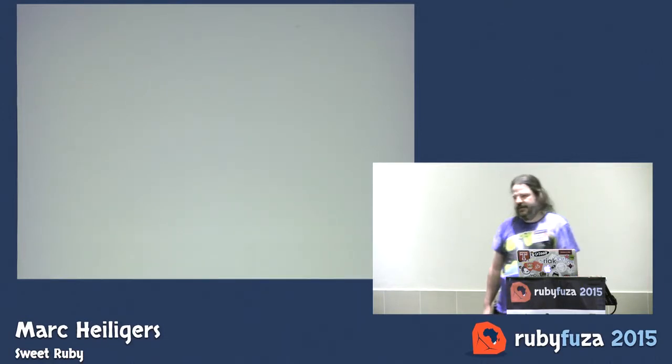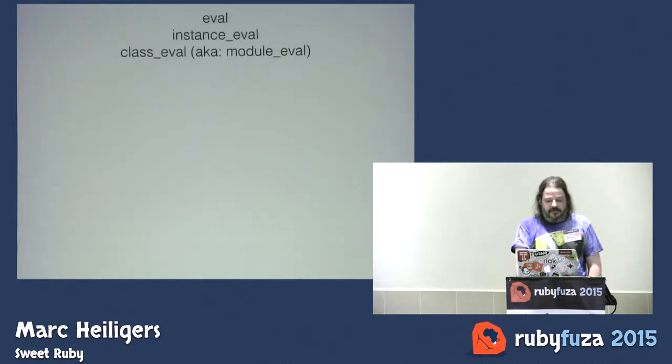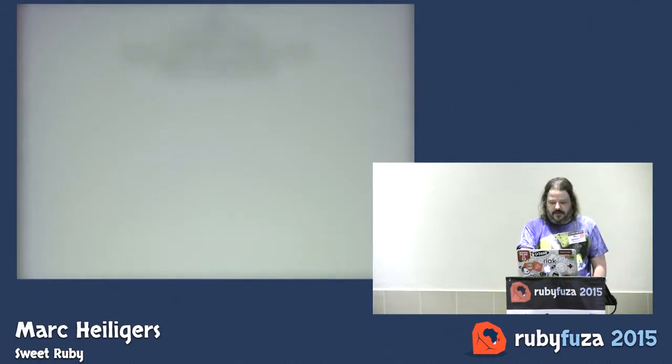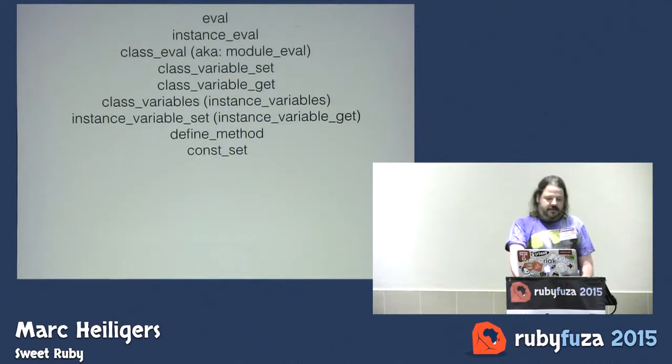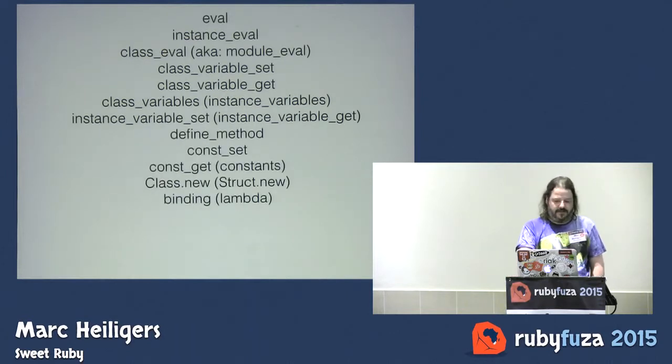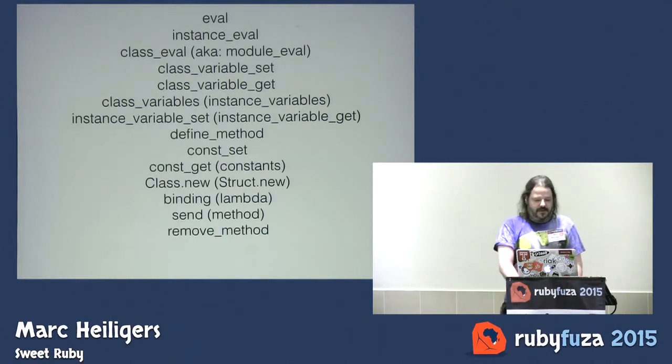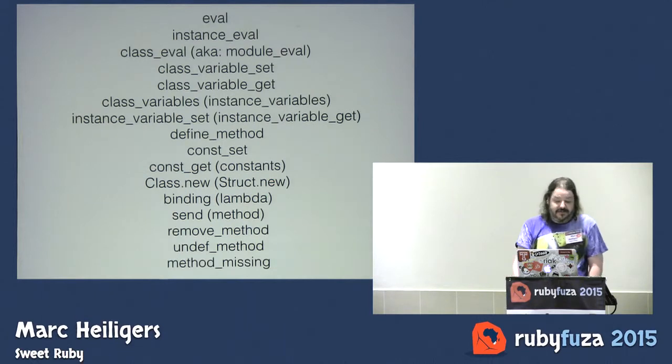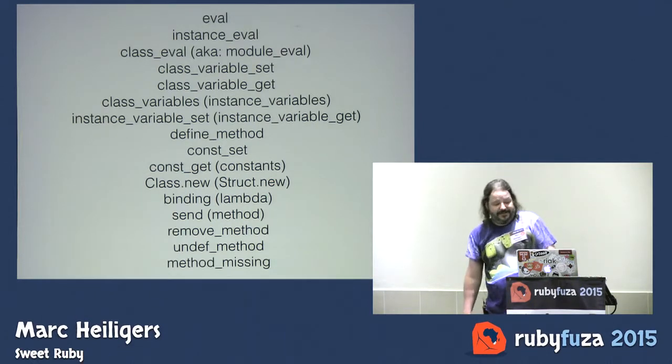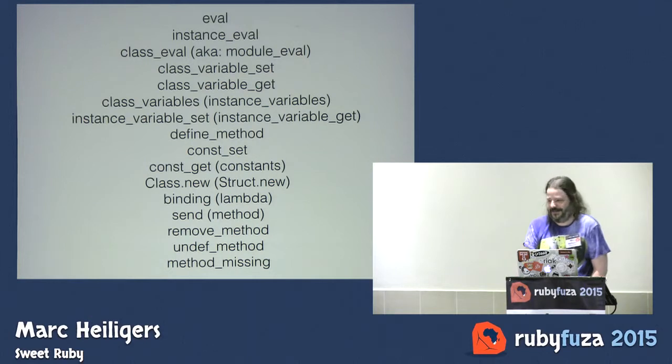So Ruby's got a ton of these meta-programming methods, and they're built right into the language. And there's basic evaluation methods, variable methods, methods for defining methods, classes, undefining methods. I didn't know about the undef and the remove method until I just looked these up.